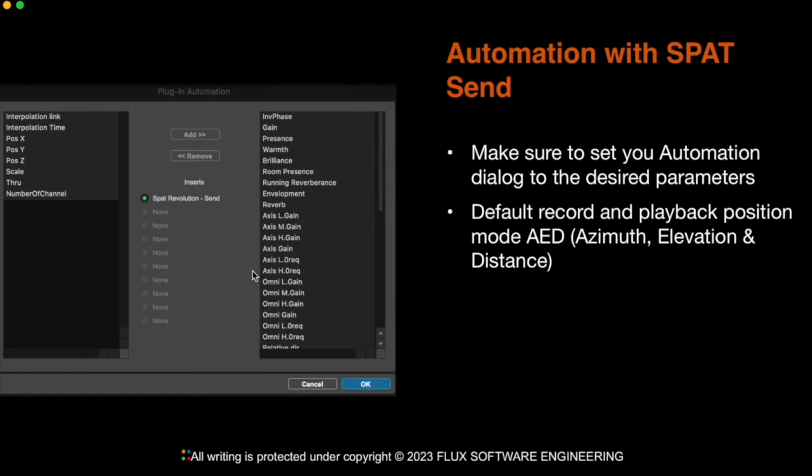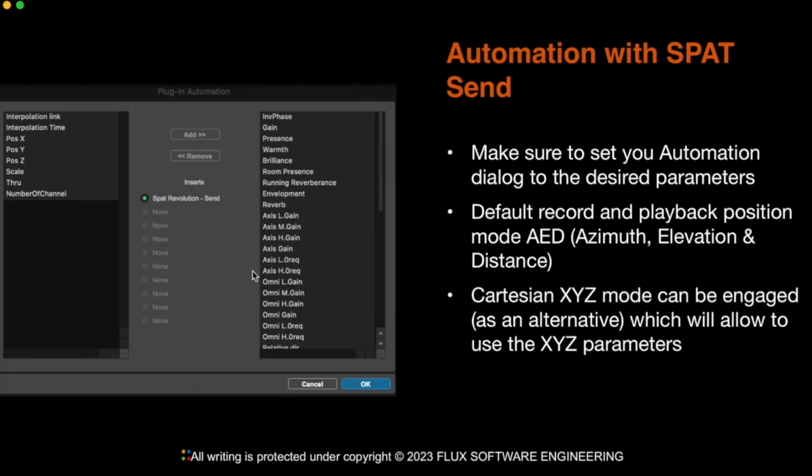Important to say, though, and we've covered this before, we are by default recording and playing back azimuth, elevation, distance, the AED polar mechanism. You can use XYZ mode as well, but you have to change it. It's in the plugin, and you change it per plugin. When we go back and do automation, I'll show you briefly. But this is important to understand if you prefer one or the other.